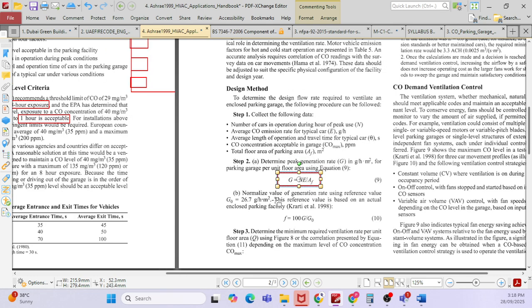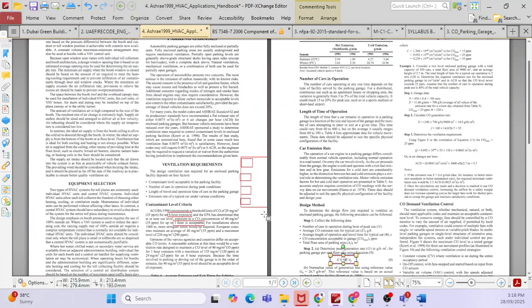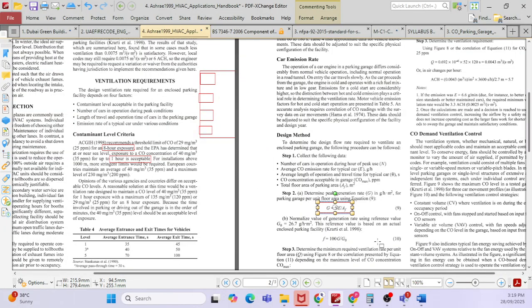Then the normalized value of generation rate using a reference: how much percentage you are generating compared to the standard maximum. For example, using the reference value G0 maximum, you have 26.7 grams per hour per square meter.